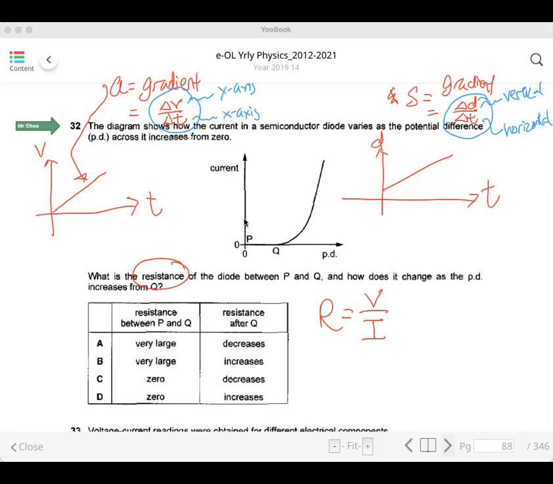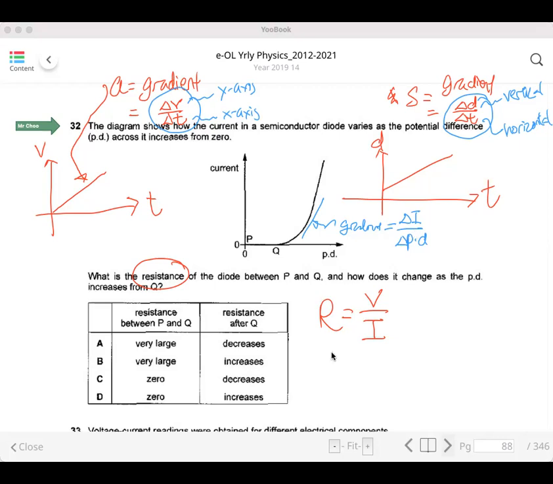In this case, the gradient is equal to change of current over change of PD. Am I right to say that? In this question, the gradient will be change of current over change of PD.